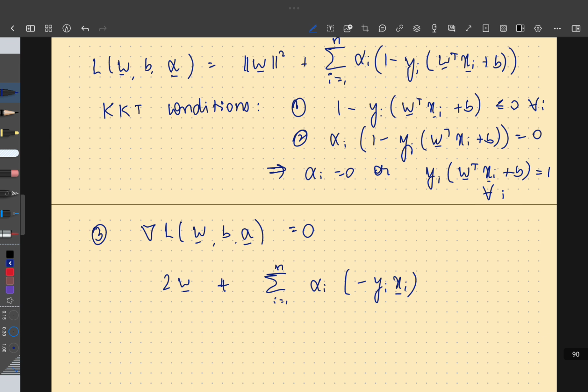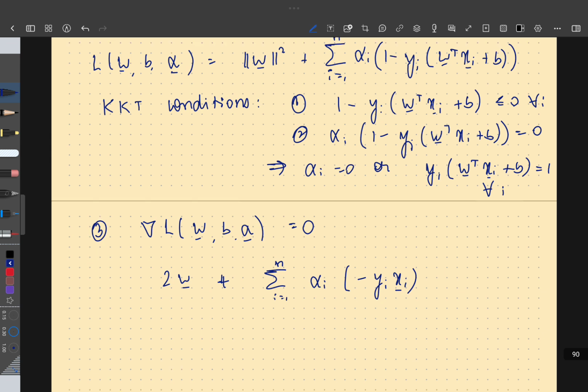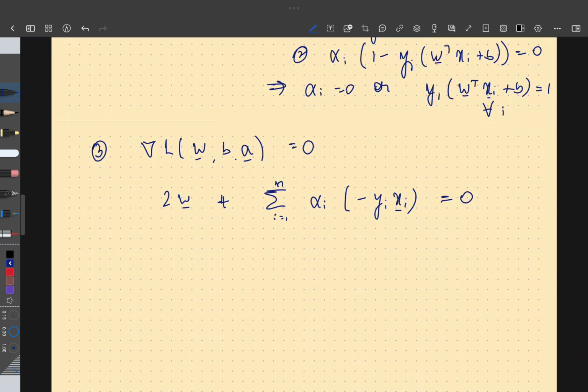I'm only taking the gradient with respect to w, not with respect to b. This should be equal to 0. So w, if I take everything else to the right hand side, is equal to half summation i equal to 1 to n of yi alpha i xi.